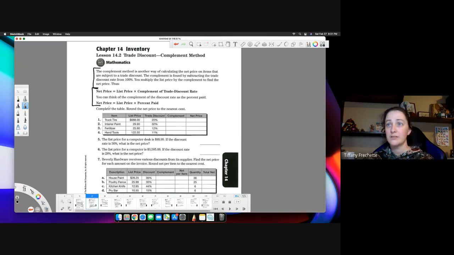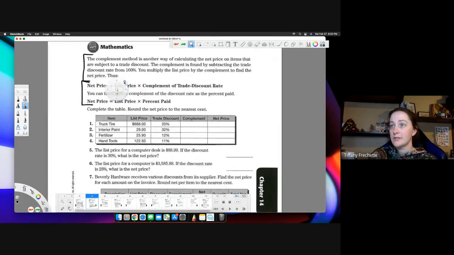All right, so we're going to complete the table below. And the first thing that I do is list the complement, because they give us our trade discount, but because we just talked about complements, we want to subtract this from 100% like this. That's really big, but I think if I zoom in a little bit, maybe it won't look so bad.